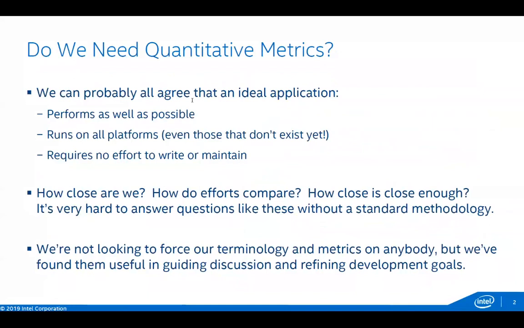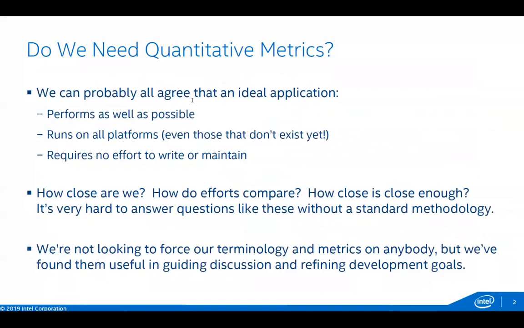But like Jack said, if we just have these very high-level ideas, it's very difficult to actually assess how well we're doing as we develop our own applications. It's very difficult for us to say how close we are to those ideal applications. We can't do things like compare different efforts.